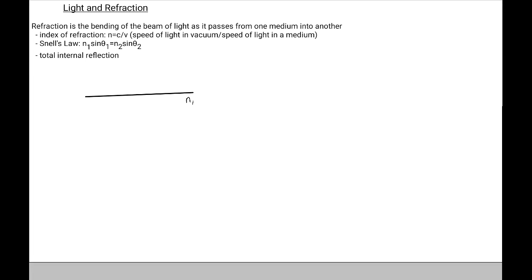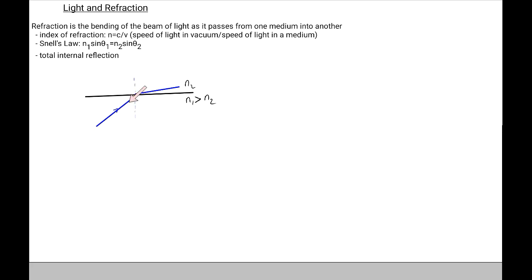This has index of refraction n1, the other one has index of refraction n2, and what's very important here is that medium 1 has a higher index of refraction than medium 2, and then if a beam is going to strike the interface between these two media at a certain angle, I guess I can draw here the perpendicular at this point, that beam will be refracted away from the perpendicular to the interface.